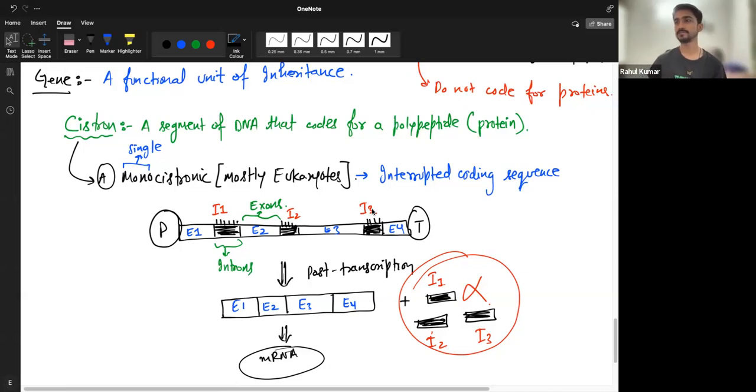Okay, so write down. The expressed sequences are called exons.